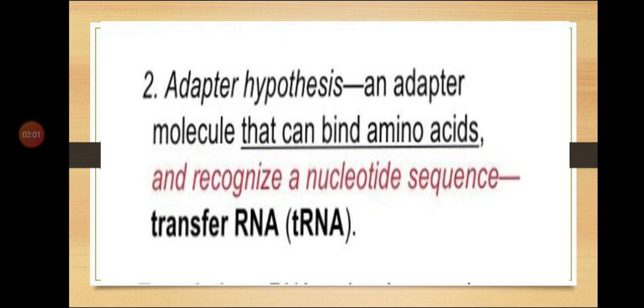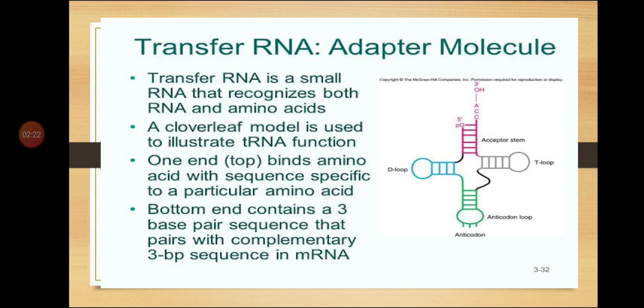Initially, no one had understood this role of tRNA. But later, scientists discovered that tRNA reads the codon and simultaneously binds with the amino acid. This property makes tRNA the adapter molecule.